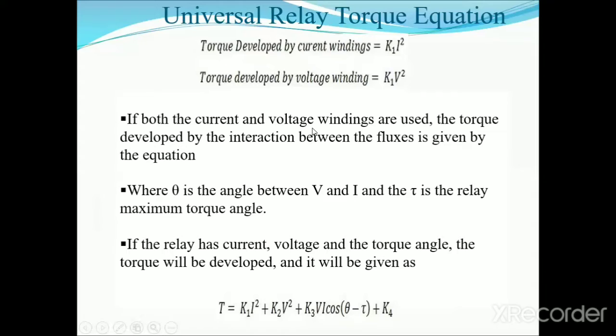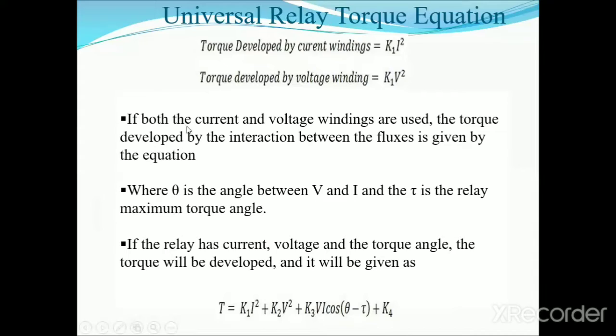In these relays we have two magnets, an upper magnet and a lower magnet. One is connected to the CT and the other to the PT. Due to the interaction between the CT winding and PT winding, torque is developed.